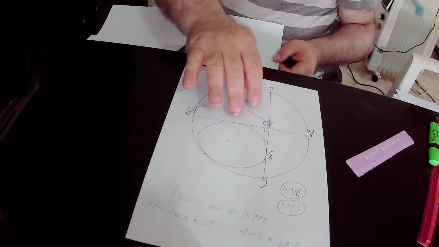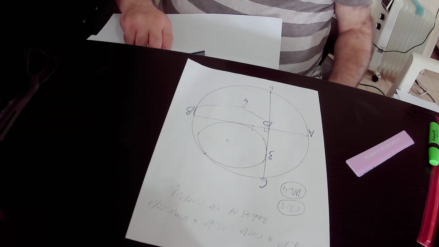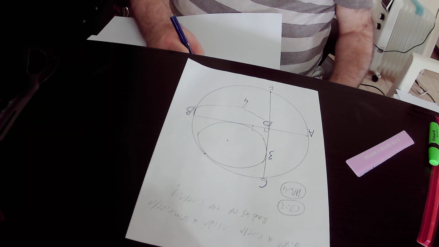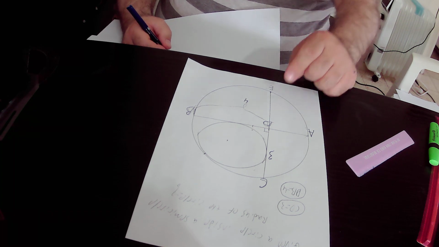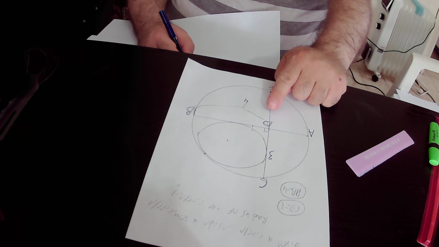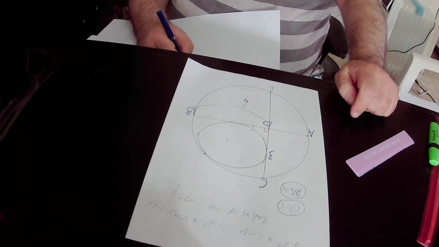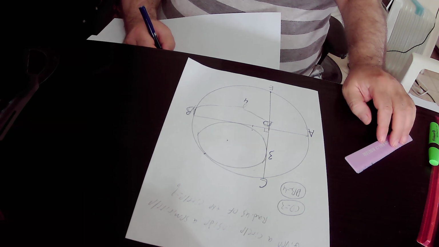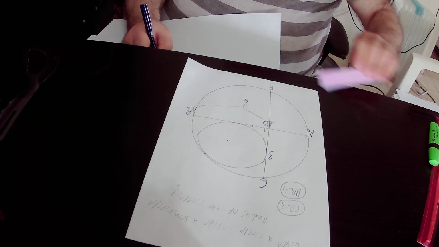We have here 90 degrees, and we have also this angle EDB. In total, the sum of those two angles must be equal to 180 degrees.